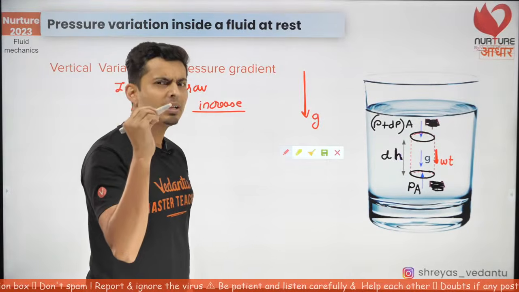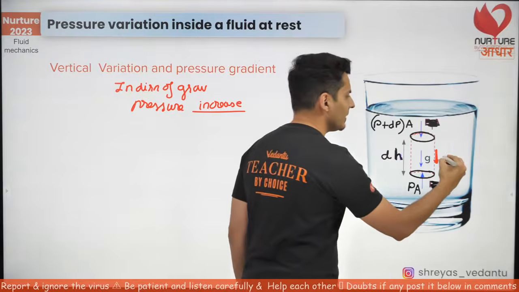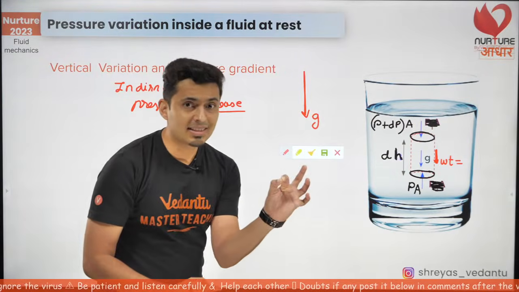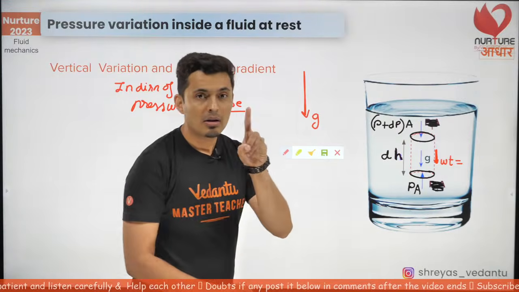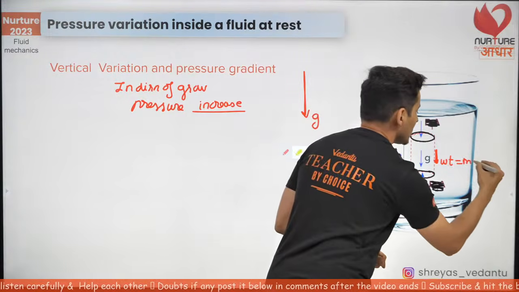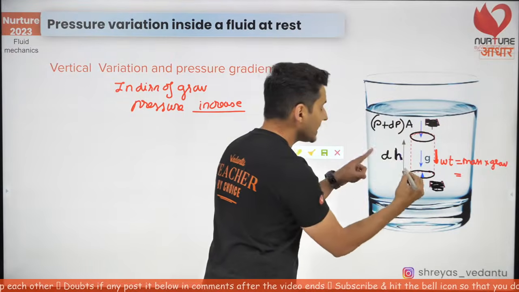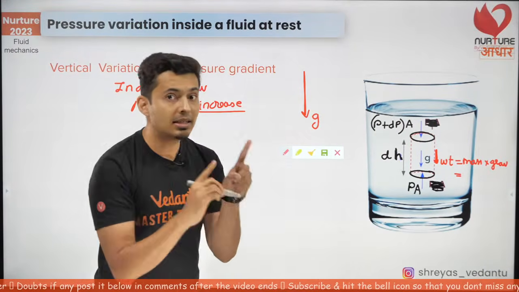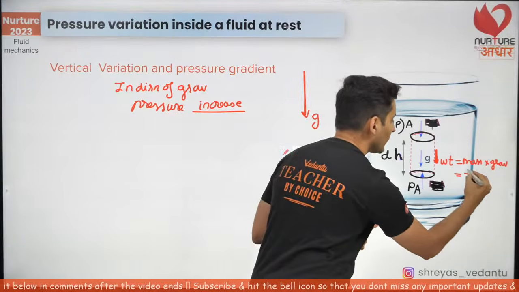And how much will that weight be? It will be mass into gravity. The mass is given by density into volume. Density is rho.